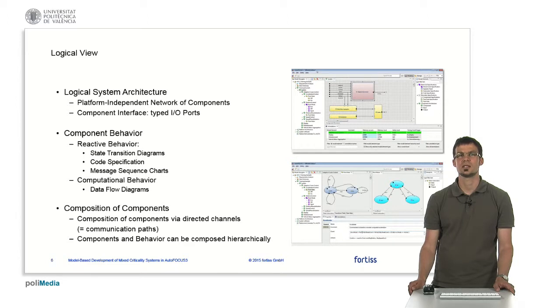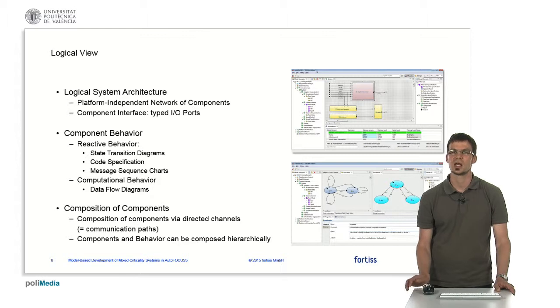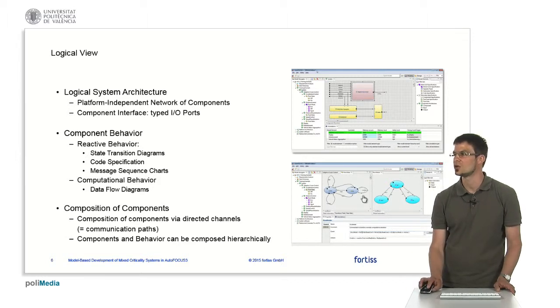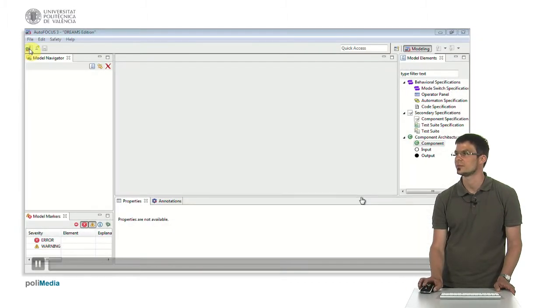After the requirements elicitation and the definition of the different functions of the systems, the next step in the development process is to decompose the different systems into subsystems. In the following, I will illustrate how this approach can be applied to the automatic cruise control example.